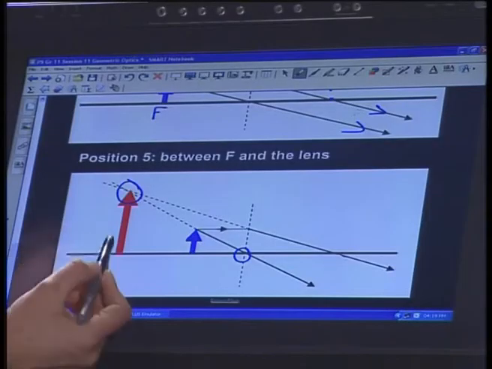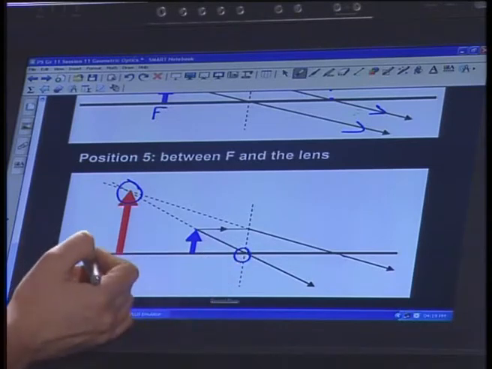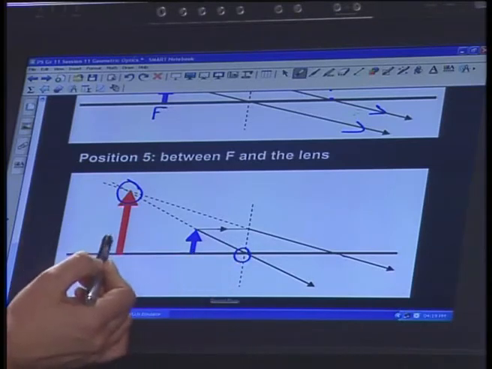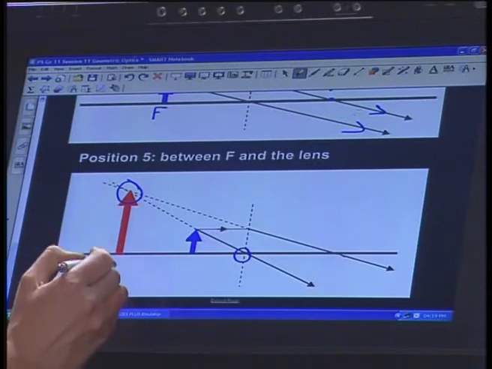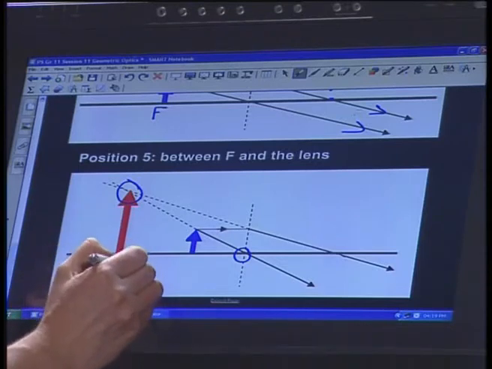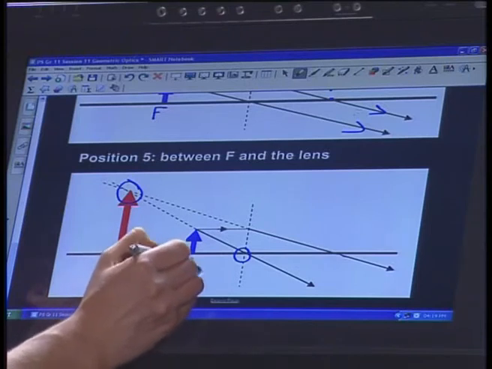At the point where they cross each other, that is where your image will be formed. We see that this image is enlarged, that it has the same orientation as the object that we look at, and this is an example of how a magnifying glass will work.